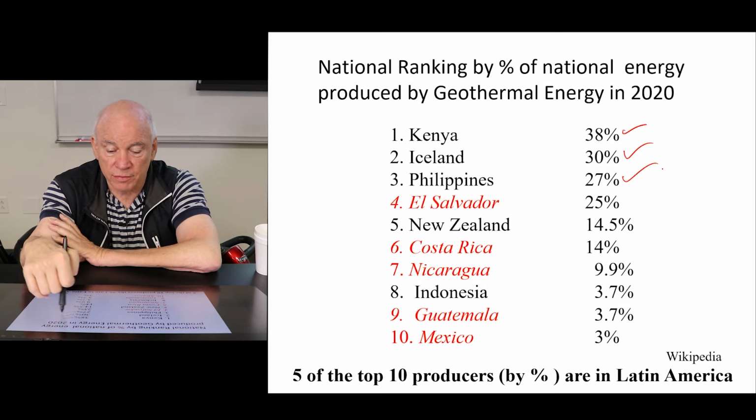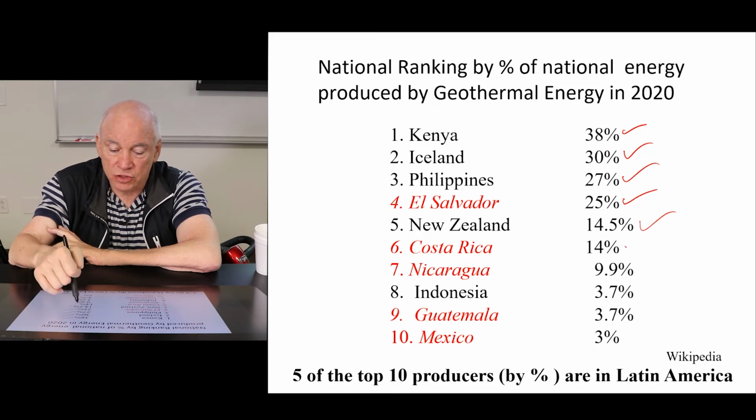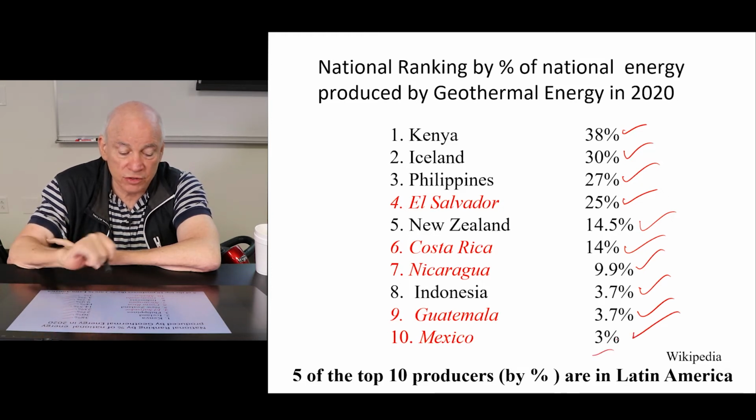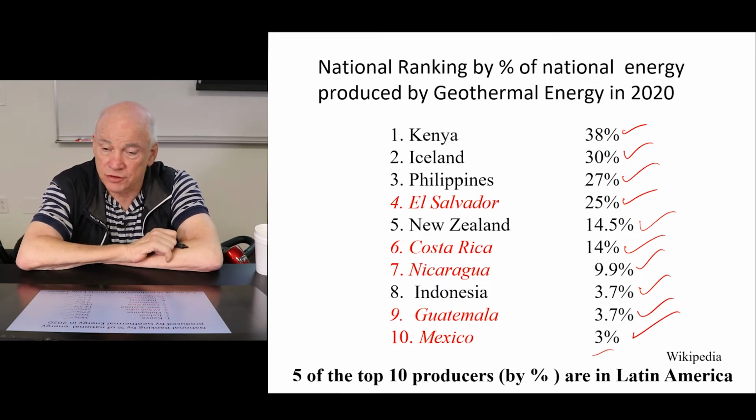Philippines, 27%. Then El Salvador, 25%. New Zealand, Costa Rica, Nicaragua, Indonesia, Guatemala, and Mexico. That's actually a slightly different number than I was telling you, but it's small. So 5 of the 10 top producers of geothermal energy by percentage of the national energy use are in Latin America.